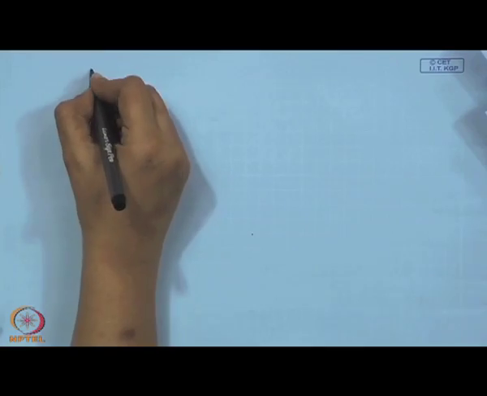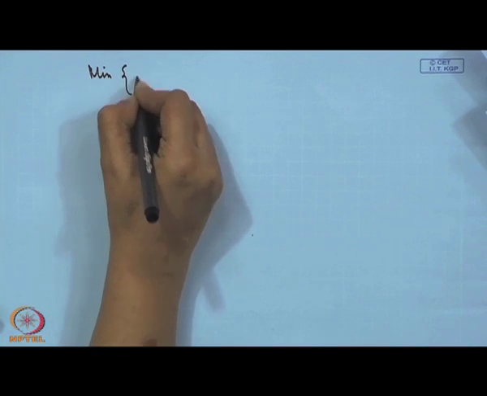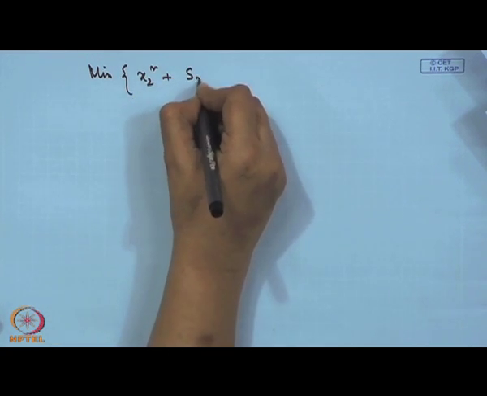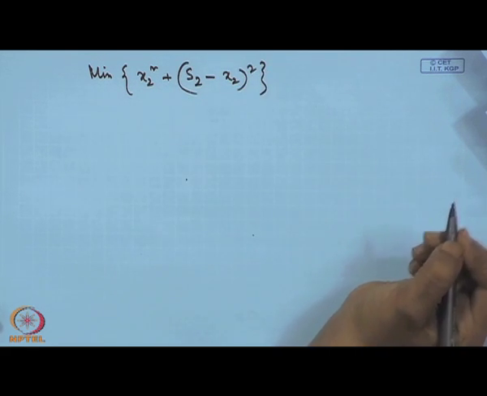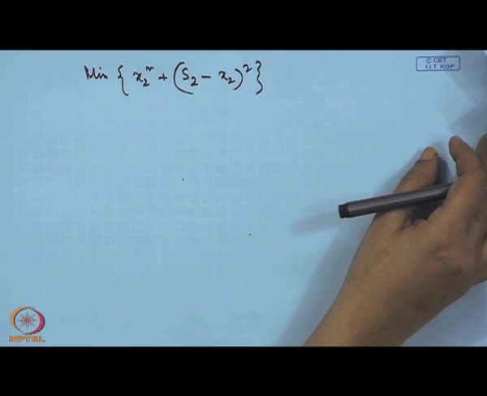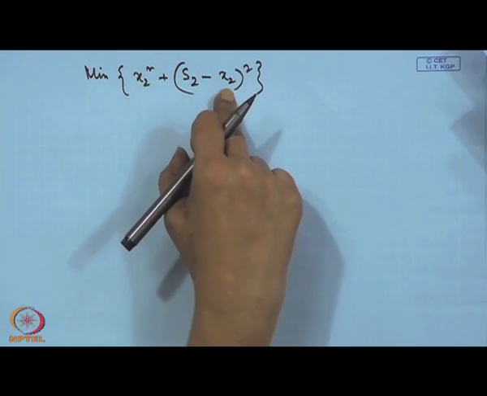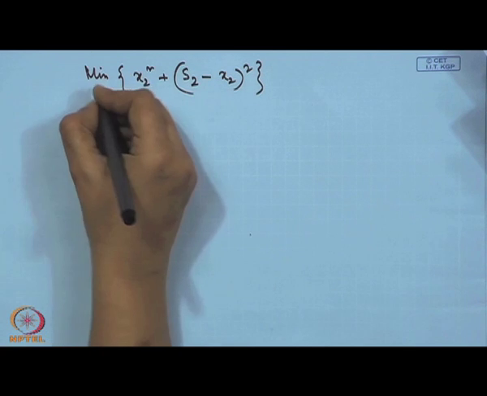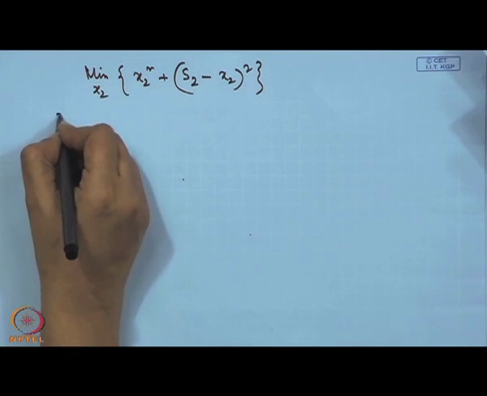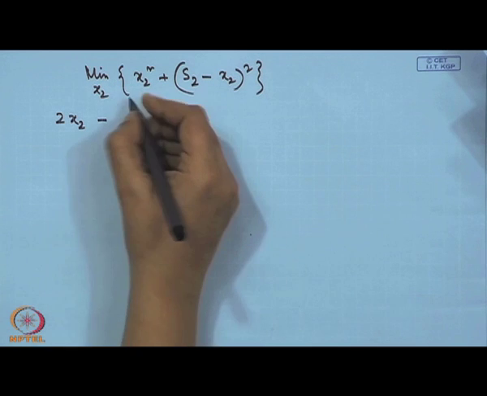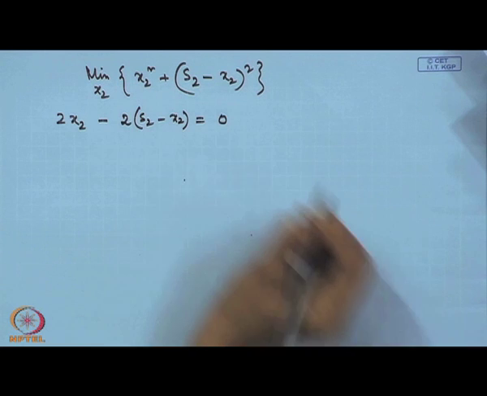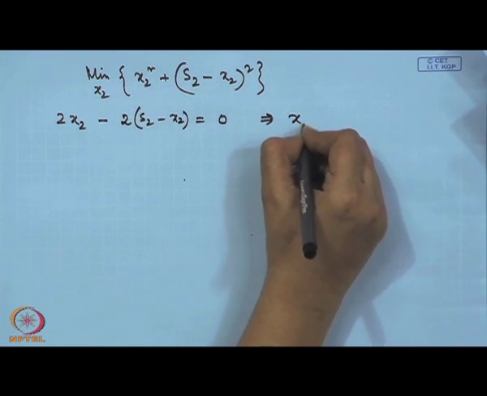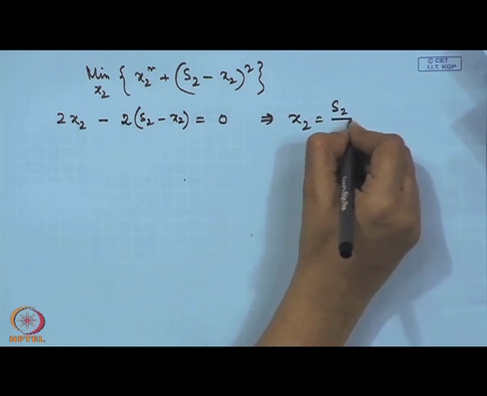That is why our problem is coming here, that minimization of x2 square plus (x2 minus s2) whole square. Now, if we apply the differential calculus technique, then by differentiating this objective function with respect to x2, x2 is only the variable for us, then it will be 2x2 minus 2(s2 minus x2) equal to 0, and this gives the value x2 is equal to s2 by 2.